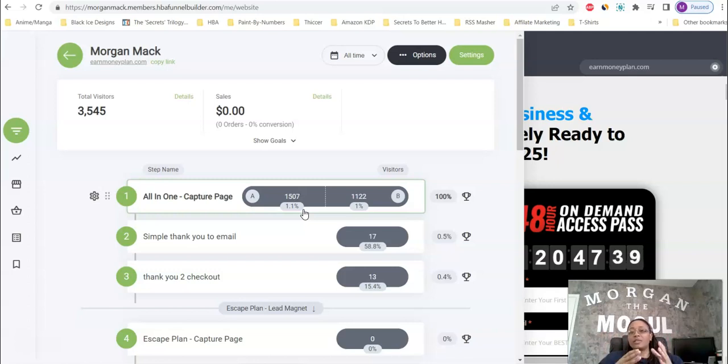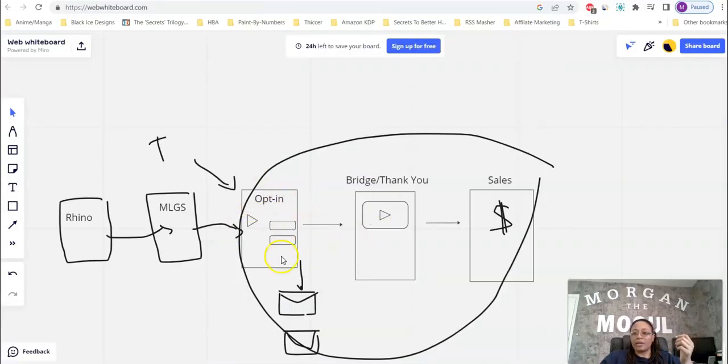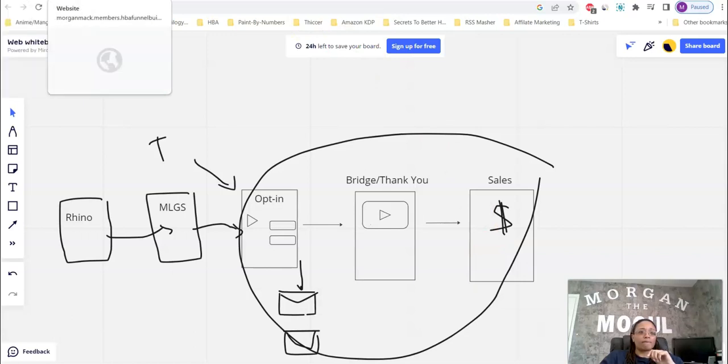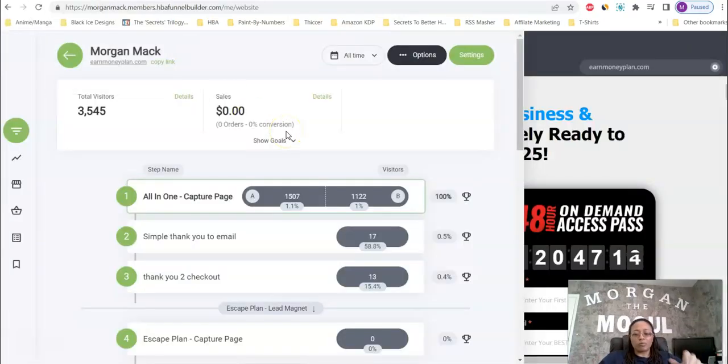And remember, these are 2 people after they have seen the opt-in page, because remember from our funnel: opt-in page, bridge page, sales page. So the sales page from the HBA system converts at 2%.